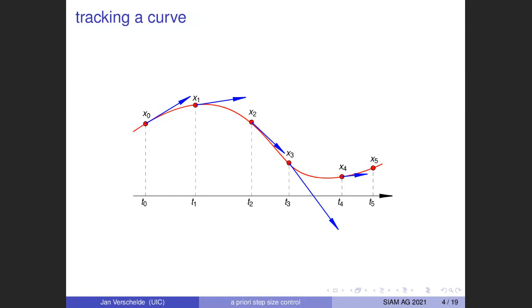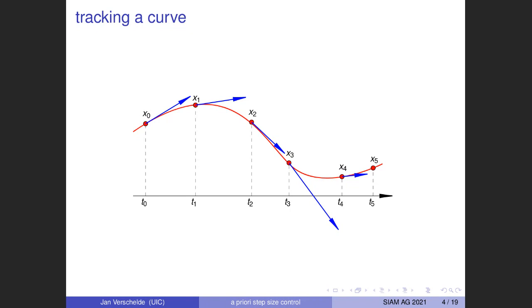My next slide is a cartoon to warm me up for the problem. We have a path drawn in red that we want to approximate. The path itself is continuous, but we will discretize this problem by computing points on the path. You can see this is done with a variable step size, and we follow the directions of the tangent vectors.